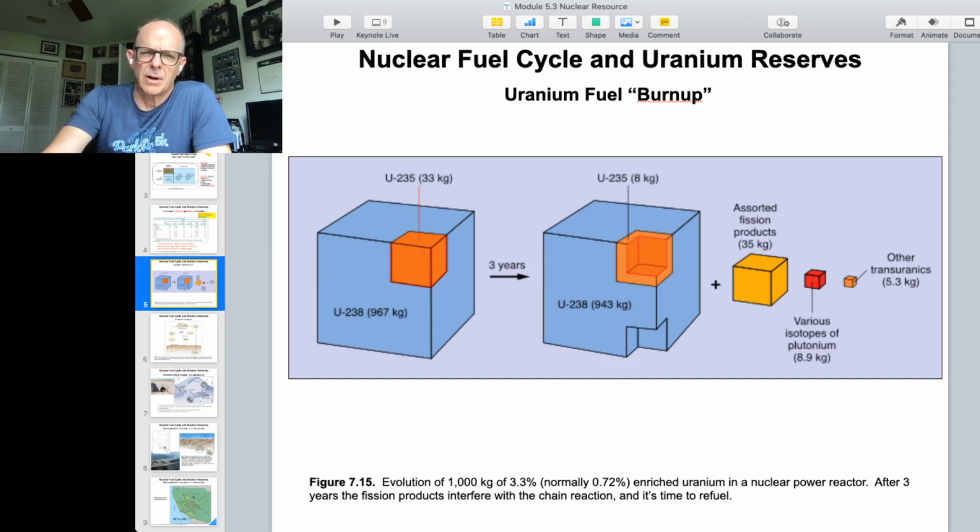That means 25 kilograms of uranium-235 have gone through fission, and some of the uranium-238 has been modified as well through these nuclear reactions. And so at the end of that, now we're ready to resupply, but I've still got this chunk of radioactive stuff. I've got 943 kilograms of uranium-238, 8 kilograms of uranium-235, and so on. Other products, including plutonium, that are all toxic and mostly radioactive themselves. So I still have to get rid of that 1,000 kilograms of stuff somewhere.